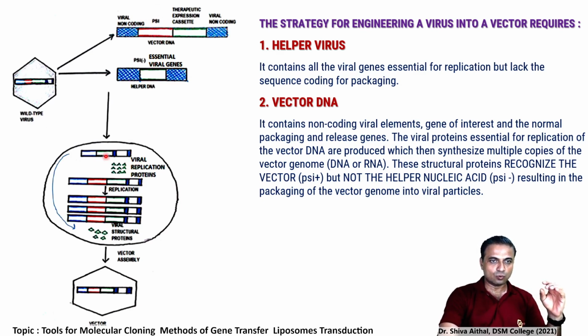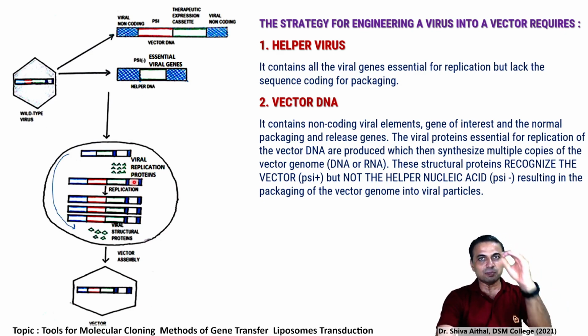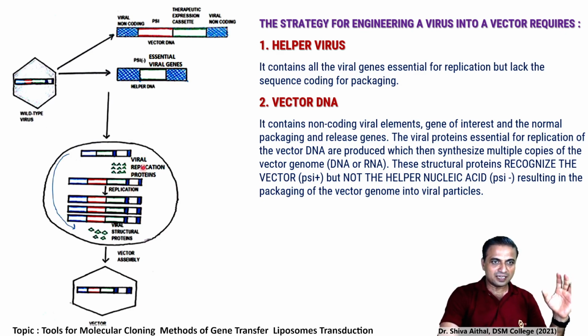As you can see, this viral replication proteins is fused with the helper DNA. This helper DNA contains all essential genes for replication. So this helper DNA helps in replication of this gene of interest plus the vector DNA, and this results in packaging of the vector genome into viral particles.